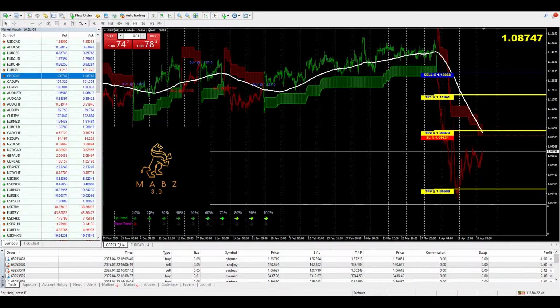On the micro account, you just need to know which lot sizes to use, because on a micro account, 0.01 is a very small lot size. So you just need to know the type of account that you're trading on, so that you can take advantage of these moves.